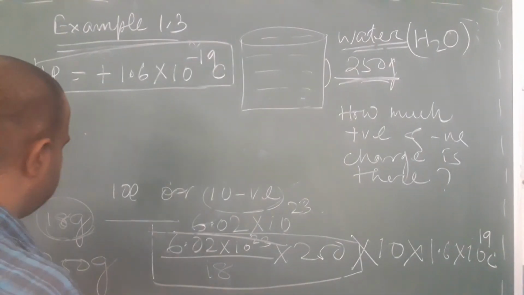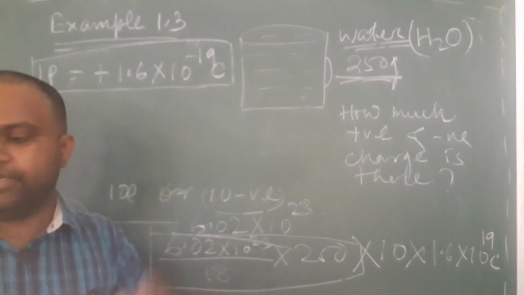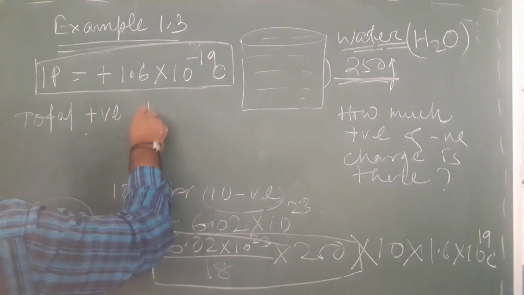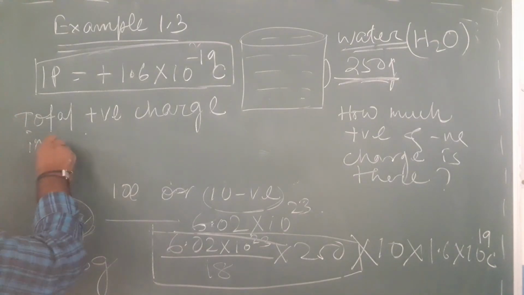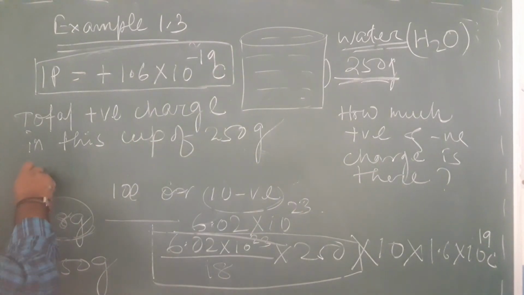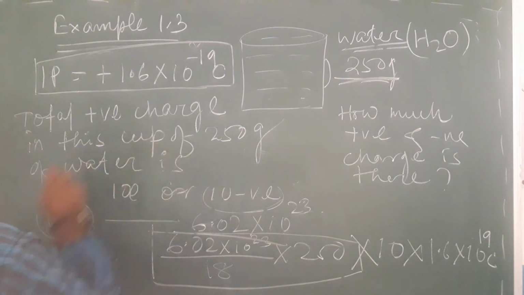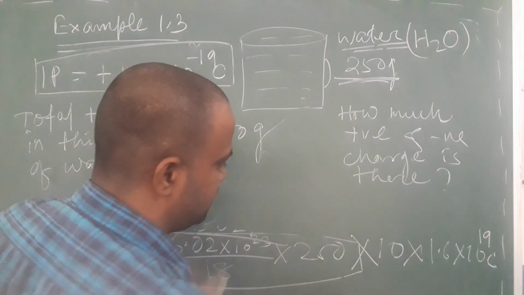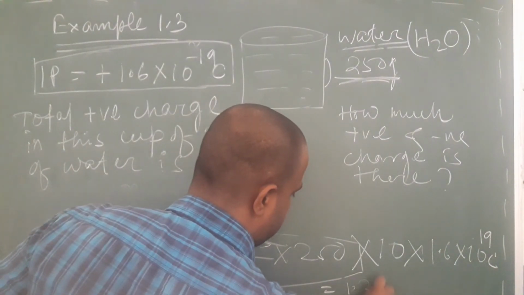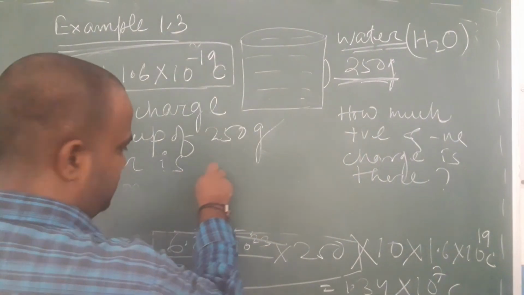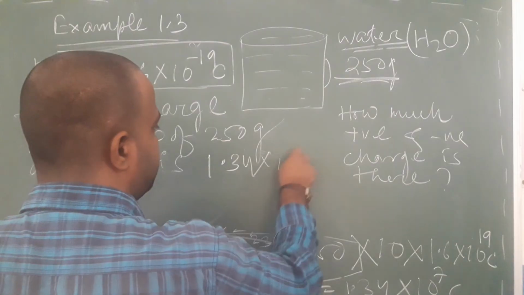If we do so, the total positive charge in this cup of 250 gram of water will be 1.34 into 10 to the power 7 coulomb.